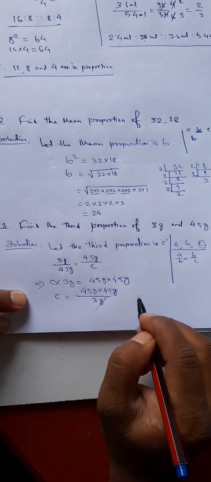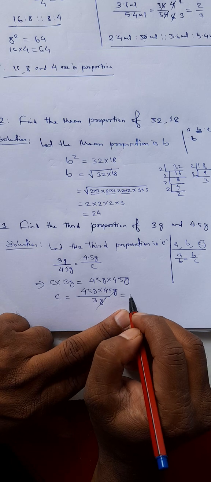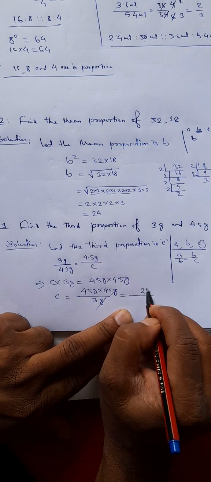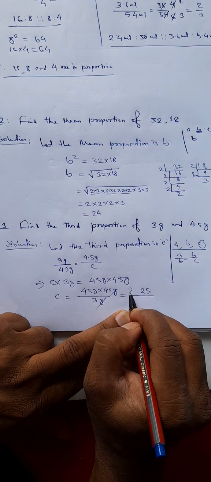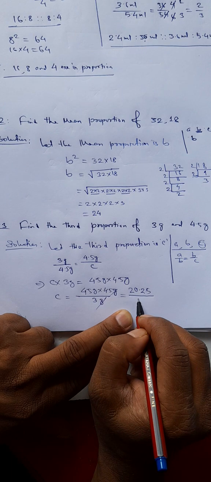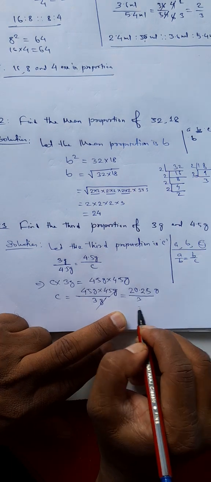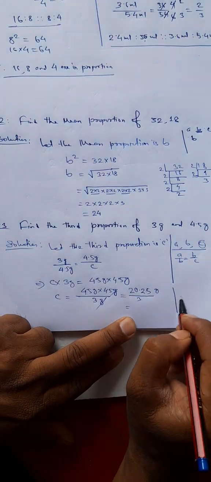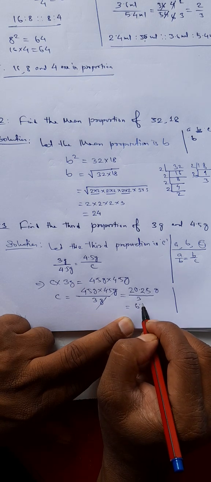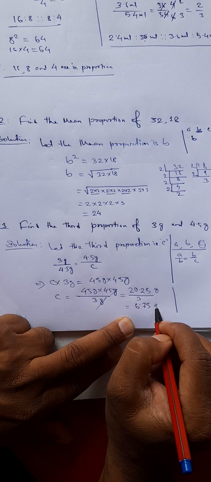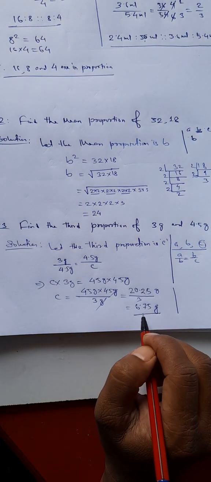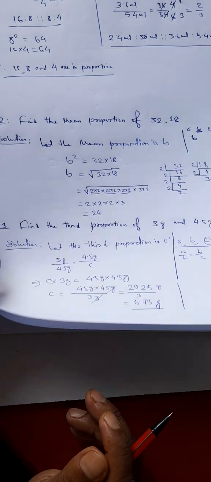The grams cancel each other. Now 45 into 45 gives 20.25. 20.25 gram divided by 3 is 6.75 gram. So the third proportion is 6.75 gram.